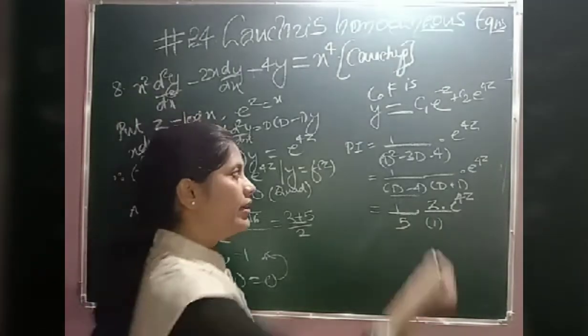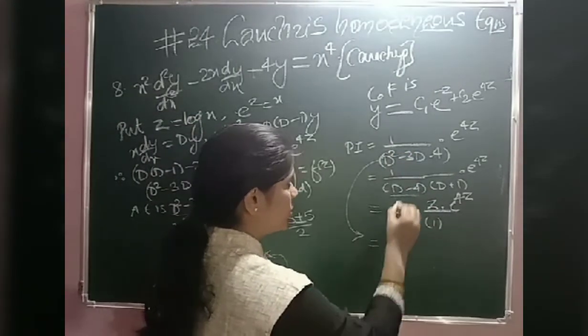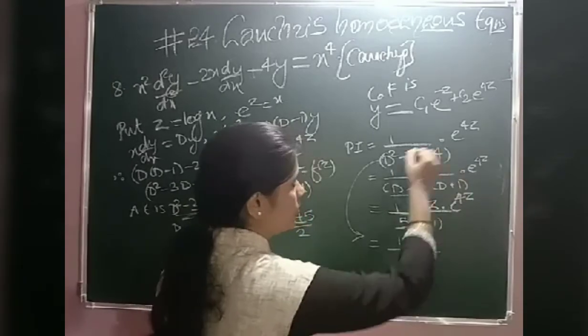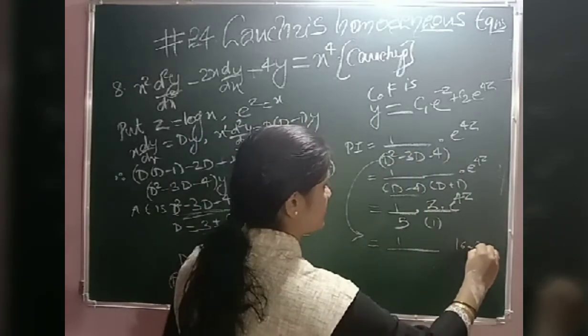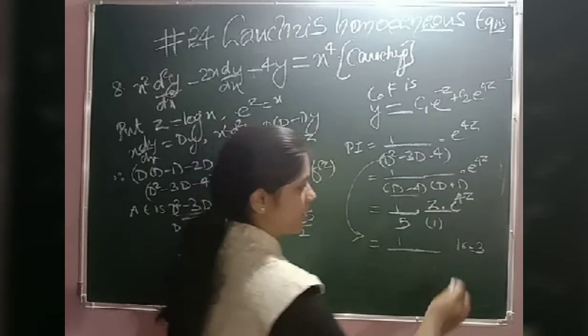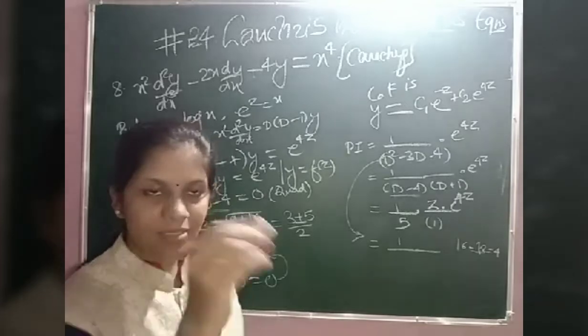Right? Or even here we can substitute. What will we get? 1 as it is. 4 4s are 16, minus 3 into 4, 3 4s are 12, minus 4. So 16 minus 16, you are getting 0.